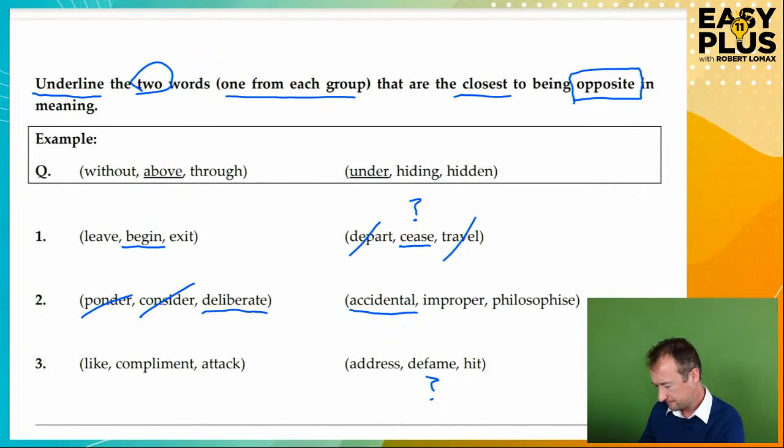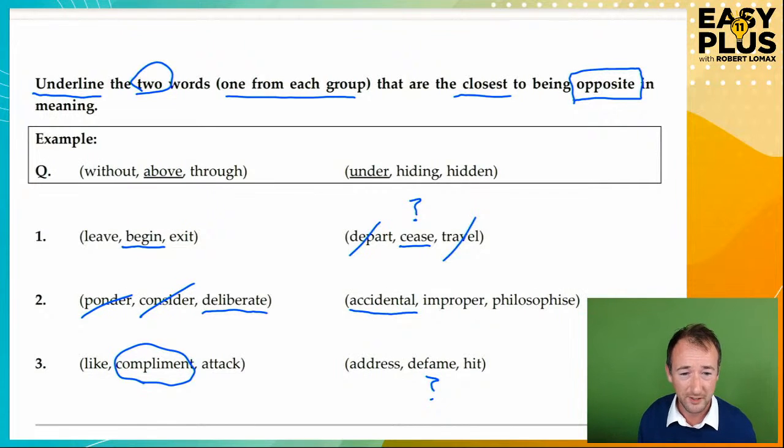Compliment. You can pay someone a compliment, noun. What would the opposite of compliment be? Maybe something like insult. You can compliment somebody, and the opposite would be to insult them.